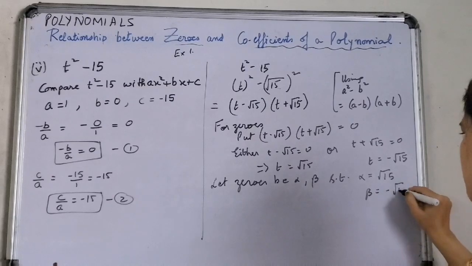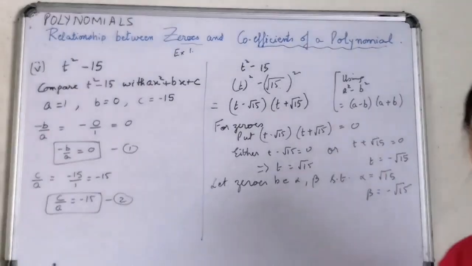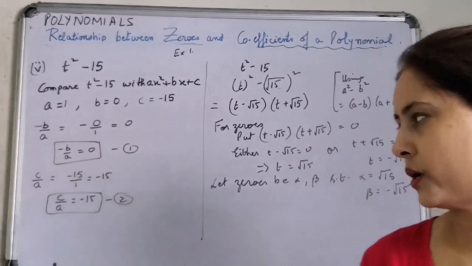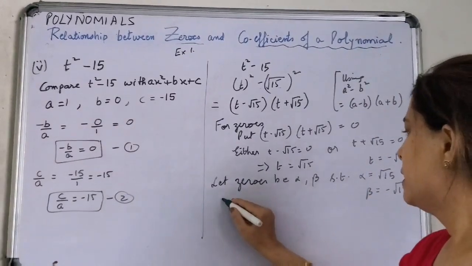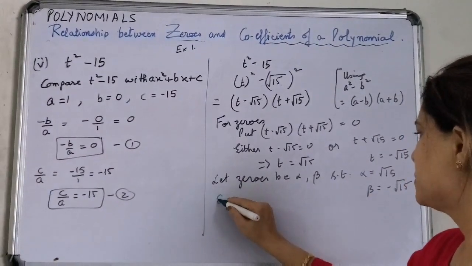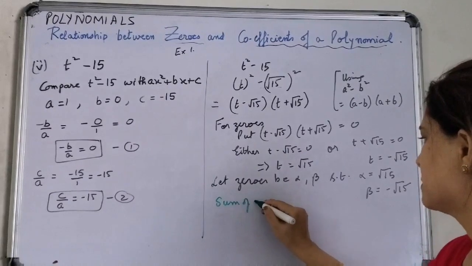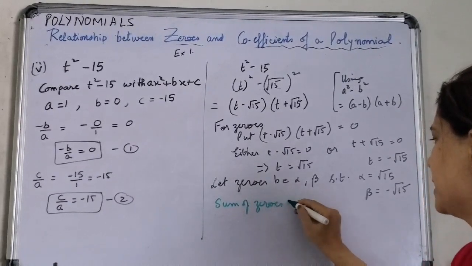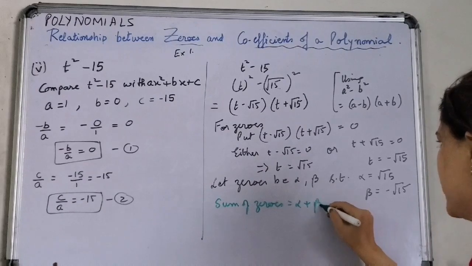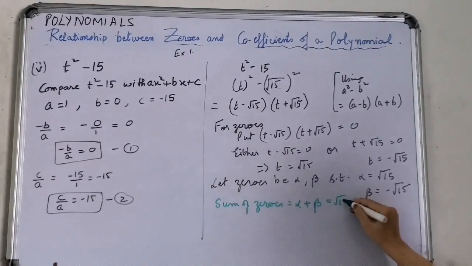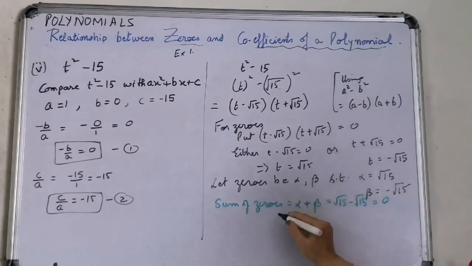Now let's take out the sum of the zeros and the product of the zeros. Sum of the zeros, I am taking out alpha plus beta. So what came? Root 15 minus root 15. This is equal to 0. So alpha plus beta has turned out to be 0.